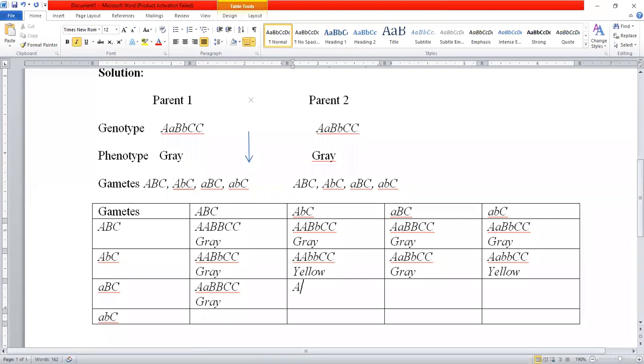This would be capital A, capital B, small b, capital C. It would also be gray.